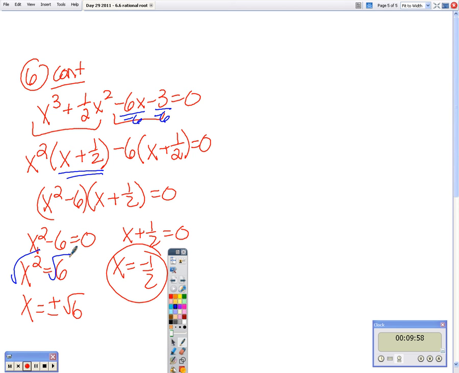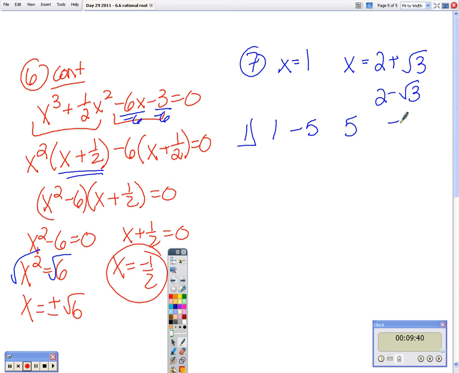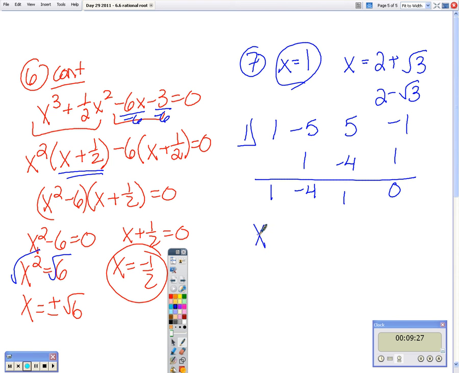My answers for 7 are x equals 1 and x equals 2 plus root 3 and 2 minus root 3. So for 7, I started with 1 for my synthetic division. So that's how I got my x equals 1 as my first answer. And then I'm left with x squared minus 4x plus 1 equals 0. And this doesn't factor.